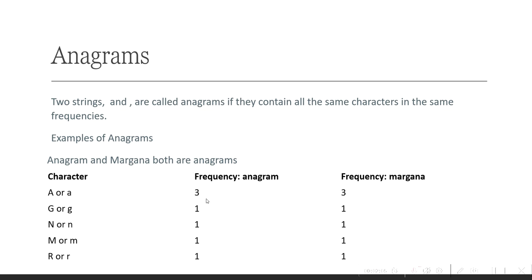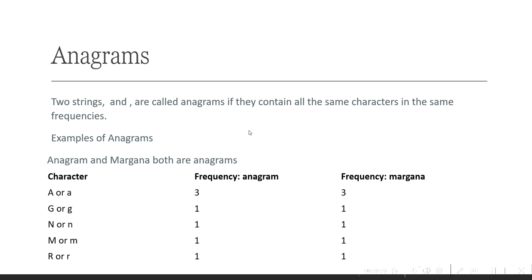The frequency is basically the number of times it occurs. All the characters occur the same number of times in both strings. If they occur the same number of times in both strings, then they are called anagrams. Hope this is clear.